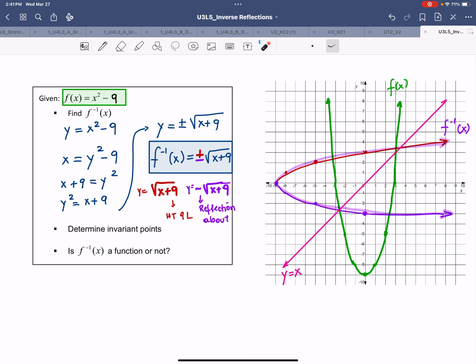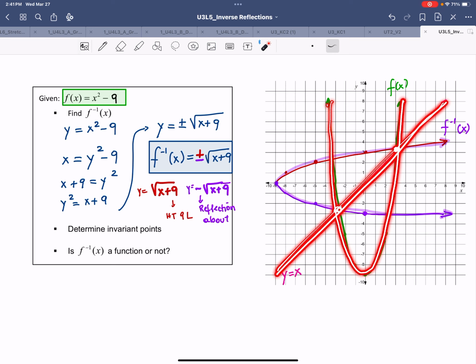So it is best to use the equation of the given function to find the invariant points. Since the invariant points are on the y equals x line, we can also say that the invariant points are on the graph of the given function and on the reflection line, which is y equals x.